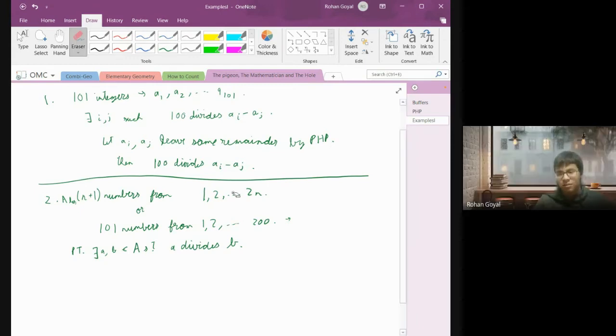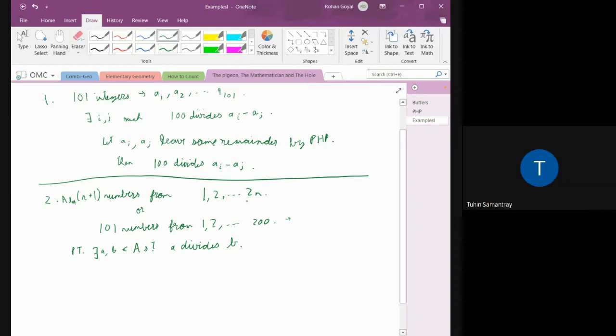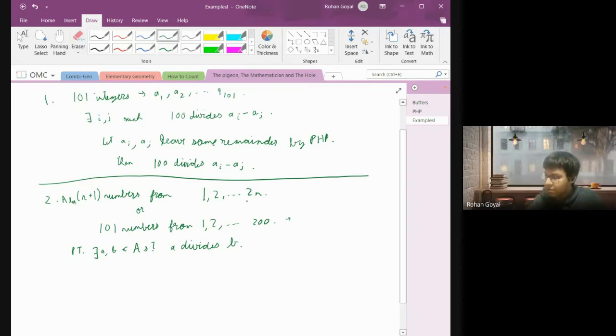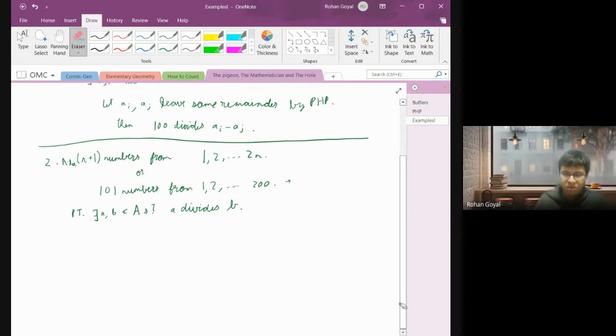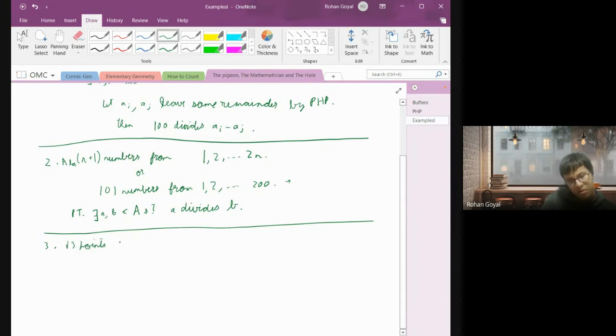How would that work? Let me just give another question for a minute, then we can discuss. The third question is, you have 13 points on the plane such that all have integer coordinates.